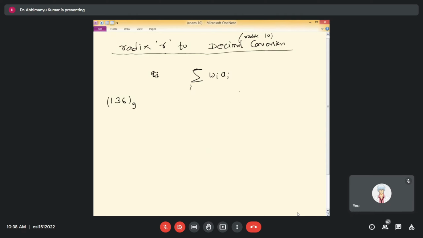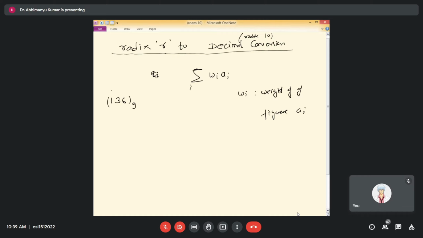And what is wi? wi is called the weight of figure ai, or symbol ai, or digit ai, whatever. Why do we always say figure or symbol?